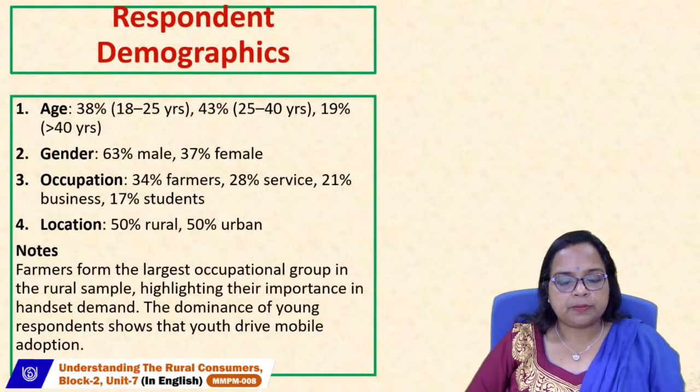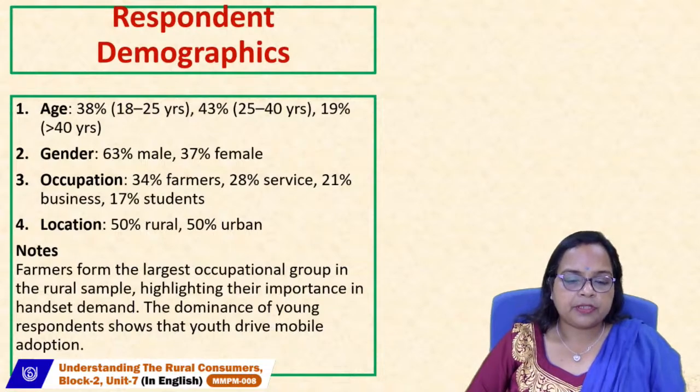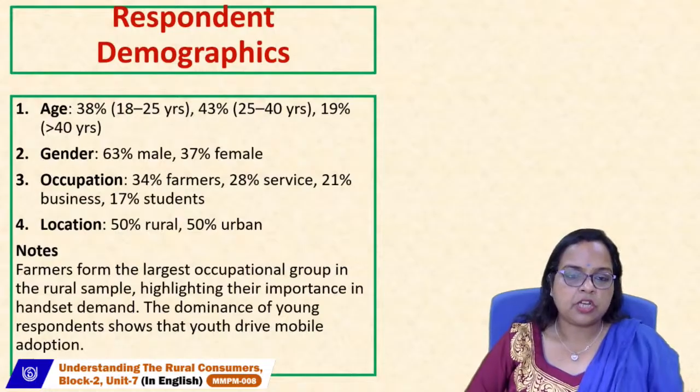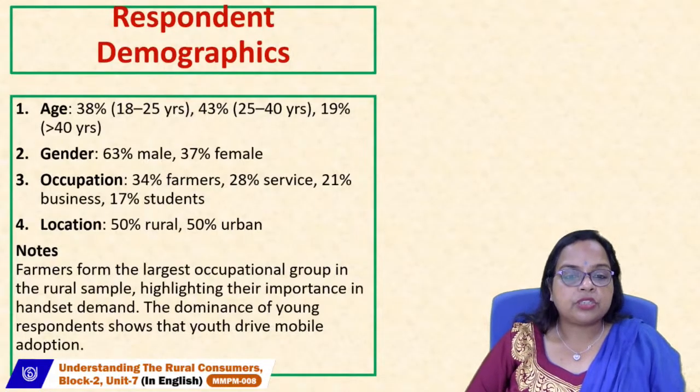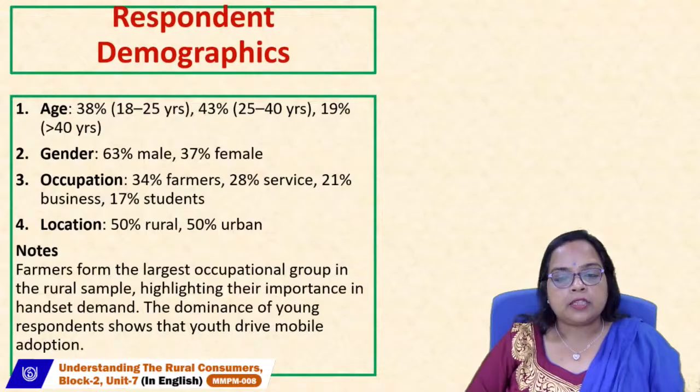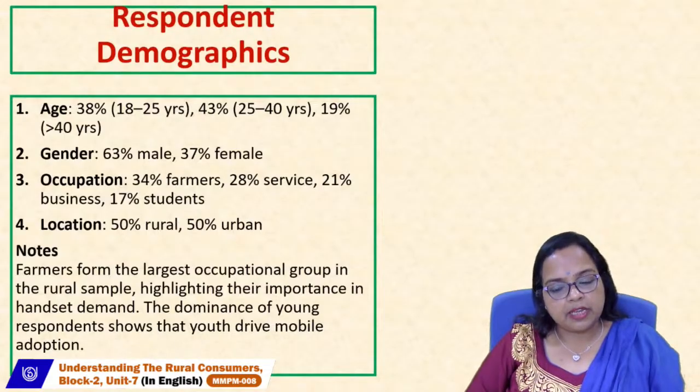Occupation: 34% of people are farmers, 28% are service holders, 28% are business owners, and 17% are students. Why are these statistics required for business research? So that you can customize your selling techniques to these customers. If you are selling this Android phone to the 34% farmers, you need to speak the same language they understand.